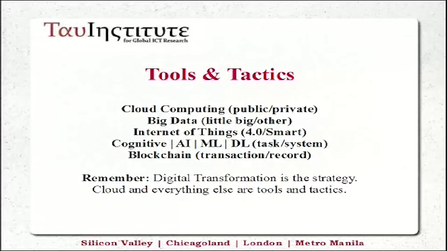Cognitive, everything has to be smart today, whether it's a task, recognizing patterns, you see all these demonstrations of AI recognizing a cat. Well, it has to recognize a lot more than that. And then systemic AI, which is the scary stuff, has to do with robots, has to do with massive grids that seem to get smarter over time.